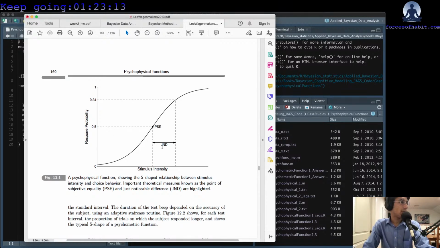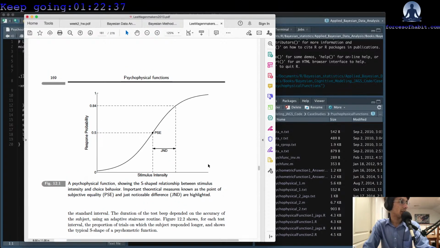However, there's also another interesting characteristic of the sigmoid function that we'd be interested in, and that is called the just noticeable difference. The just noticeable difference is the maximum point on the sigmoid function that maps to the highest point on the stimulus intensity at which a subject identifies a given response, or is most probable to identify the response.